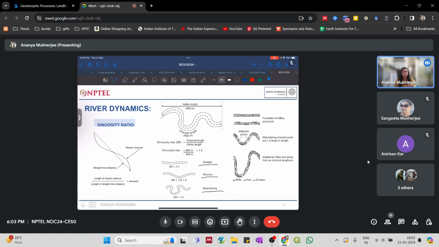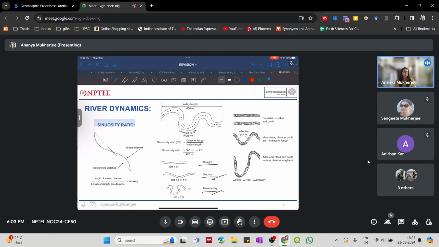And obviously, with changes in the slope, changes in the geology, or any kind of tectonic changes, you can have a straight channel converting into sinuous and then into meandering, and a meandering channel can again become a straight channel.